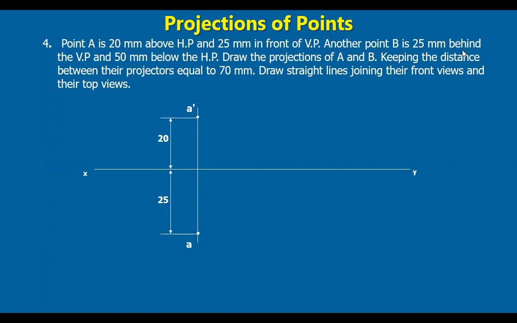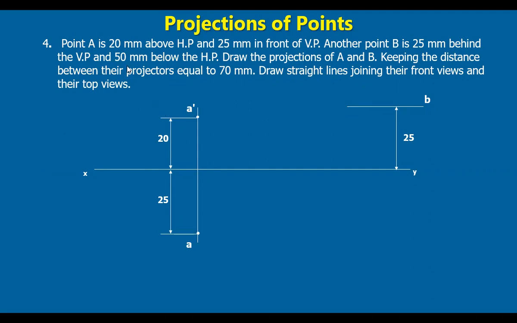Another point B is 25 mm behind VP, which means the top view must be 25 mm behind VP. So at a distance of 25 mm, we have drawn a line here, and the top view of B is lying somewhere on this line. Point B is 50 mm below HP, which means its front view is below the reference line.